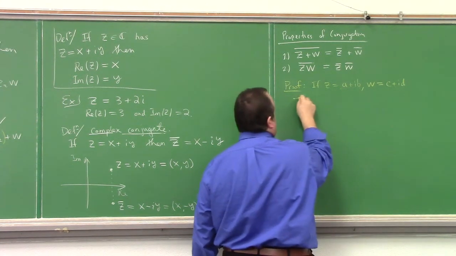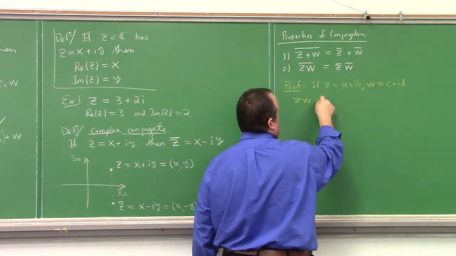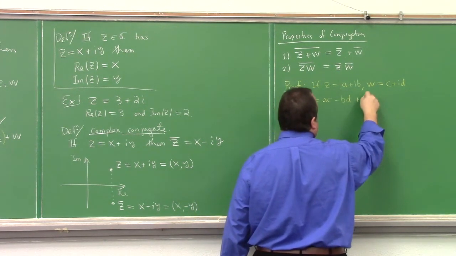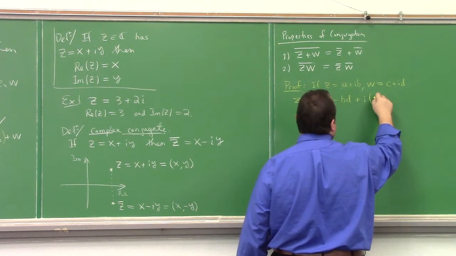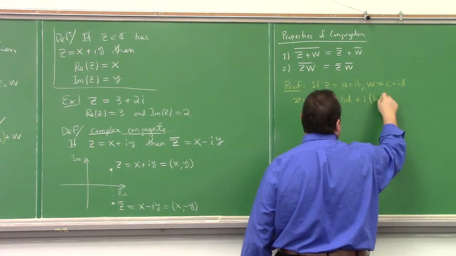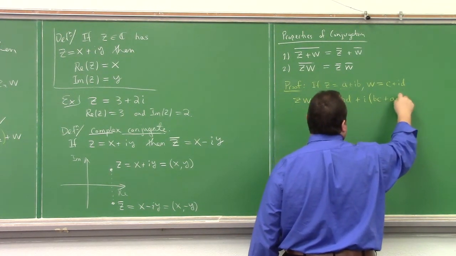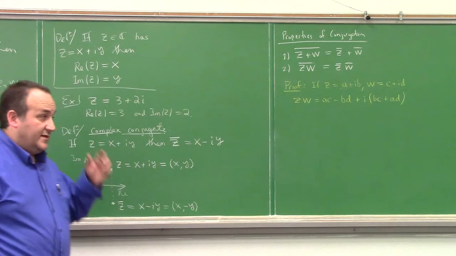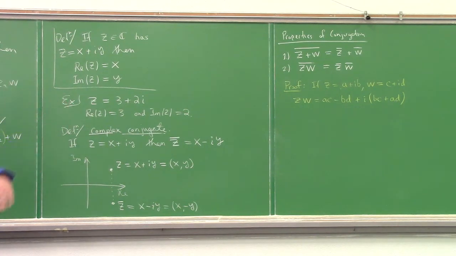Well, as we discussed, zw is ac minus bd plus i times bc plus ad. I mean, you could write the ad first or the bc first. Addition commutes, right? So that's the product of z and w.